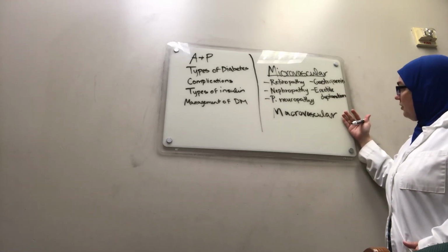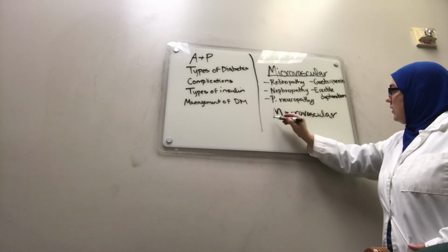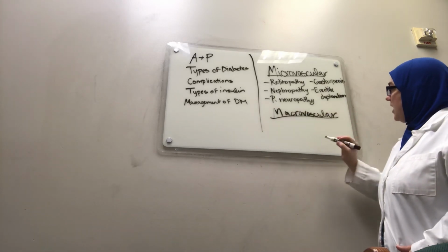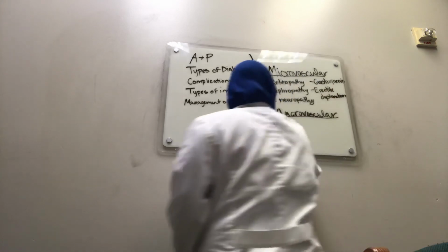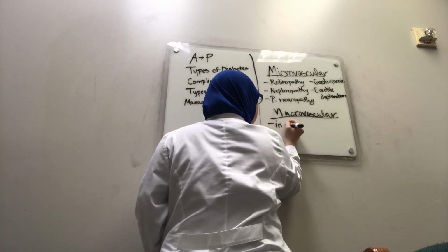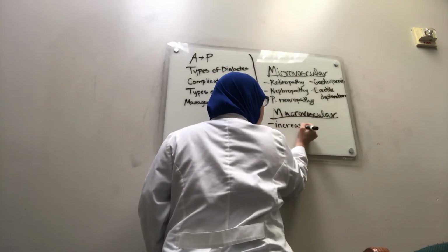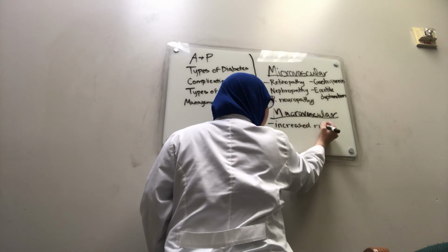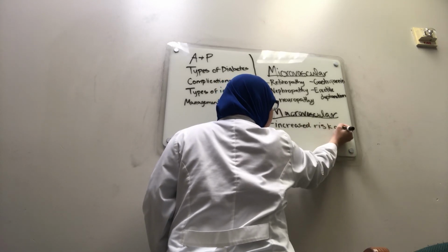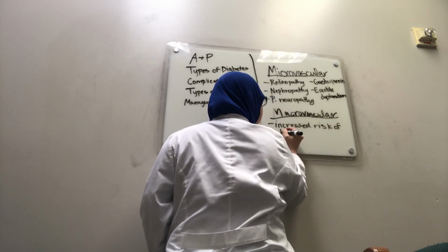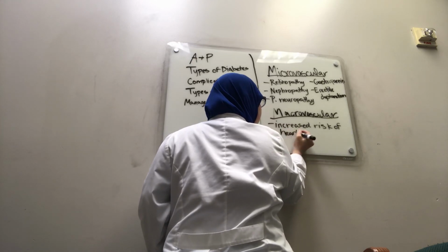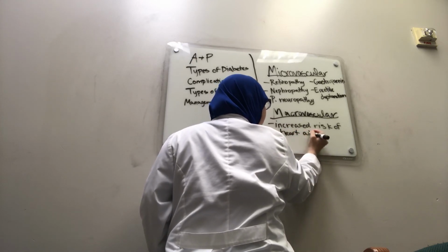Now, macrovascular means what? Large blood vessels. And so what does that mean? That means that our patients are at an increased risk of what? Increased risk of heart attack and stroke.